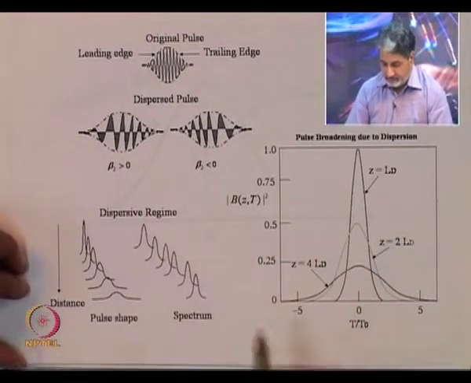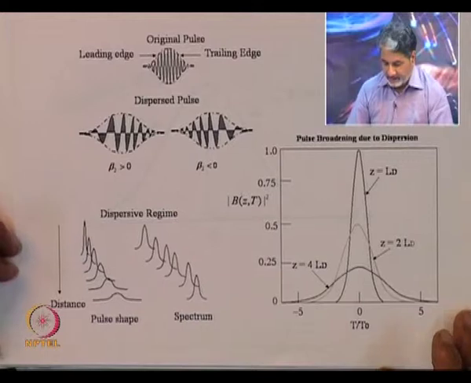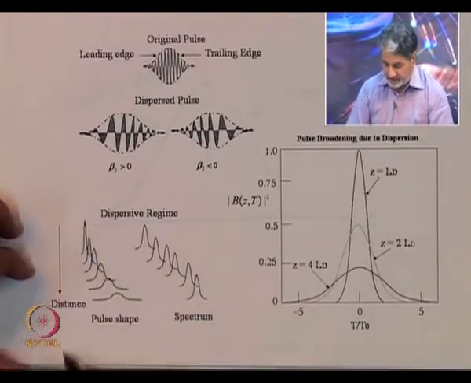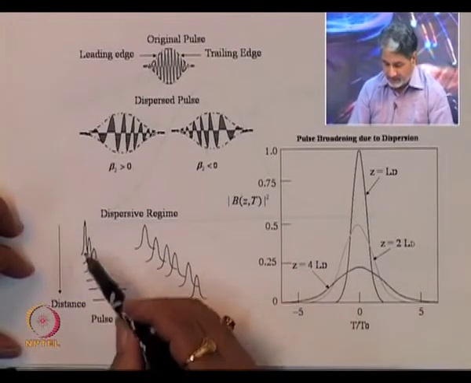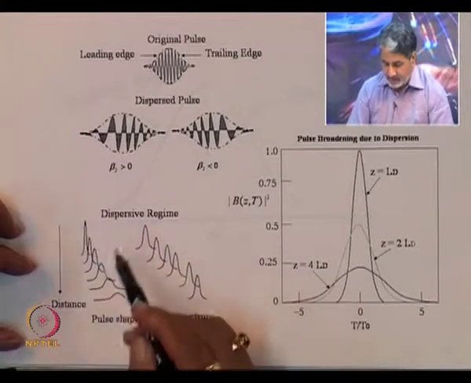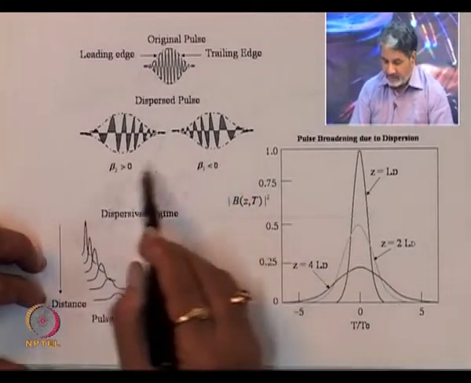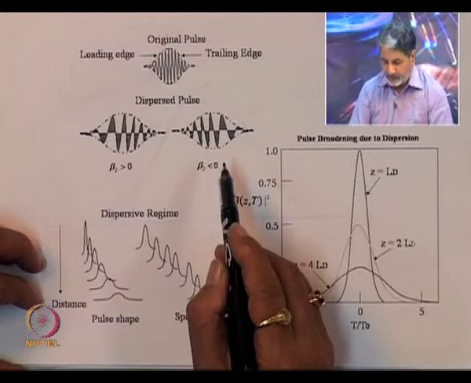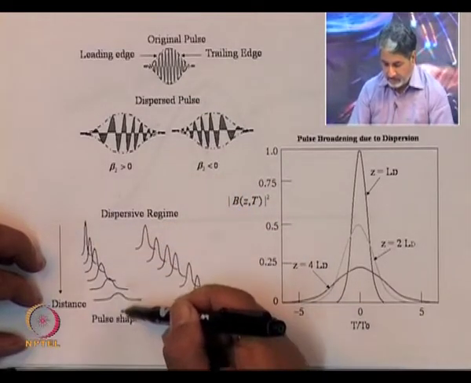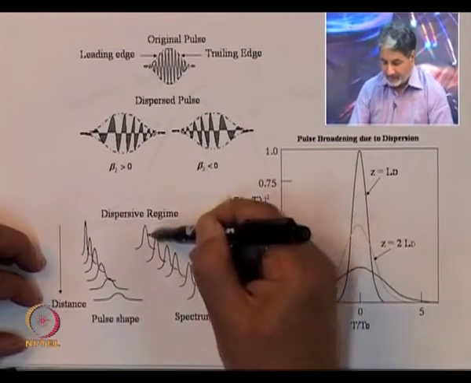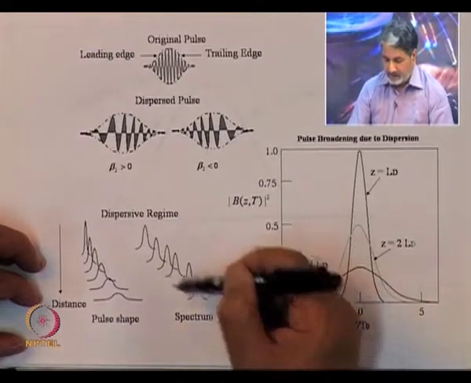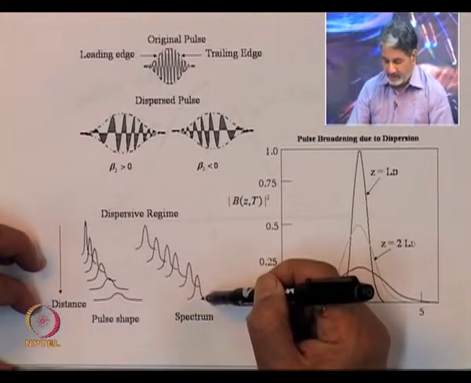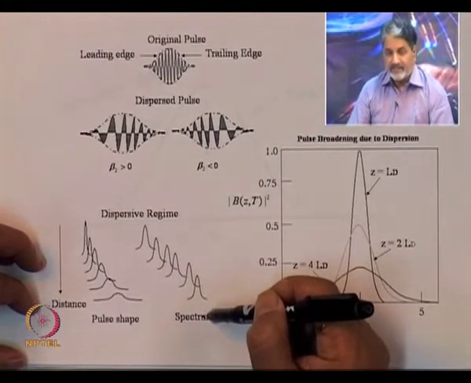So, here is a pictorial representation of that, as a function of distance. If you start with a pulse, irrespective of whether you have anomalous dispersion or normal dispersion, the pulse broadens, but the spectrum remains the same, because the amplitude spectrum does not get modified, only the phase gets modified.